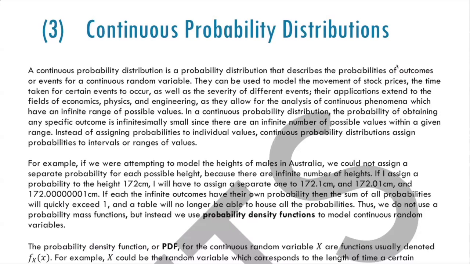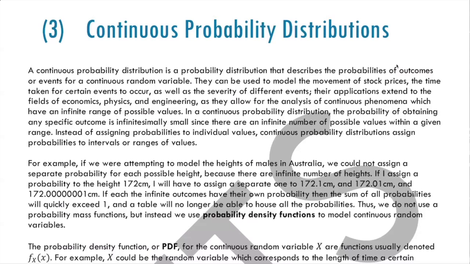But is it exactly 172? Probably not, right? I mean, almost definitely not. But let's say I have the most accurate ruler and I end up being 172.0000001, right? What's the chance someone else is the exact same height as me? Very, very infinitely small. Okay.